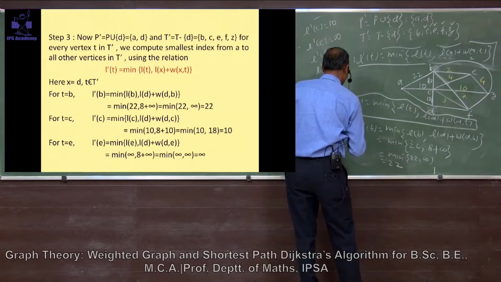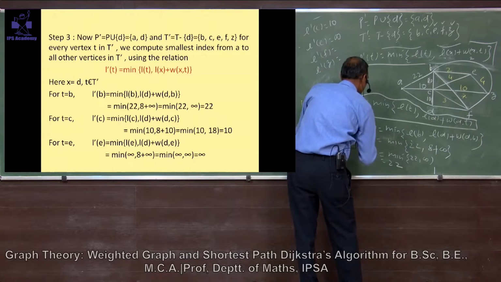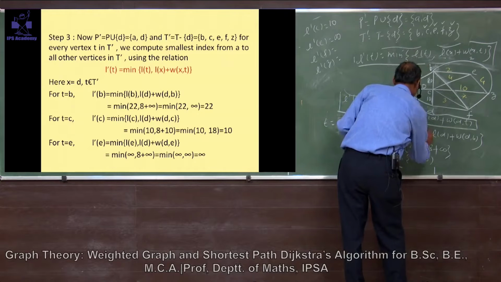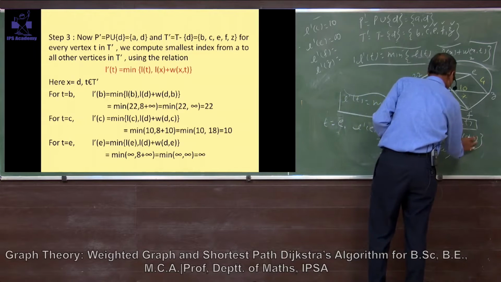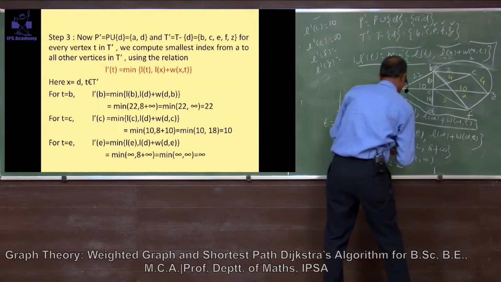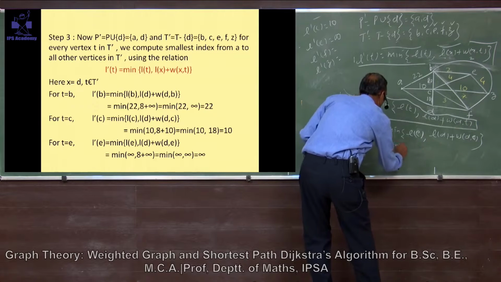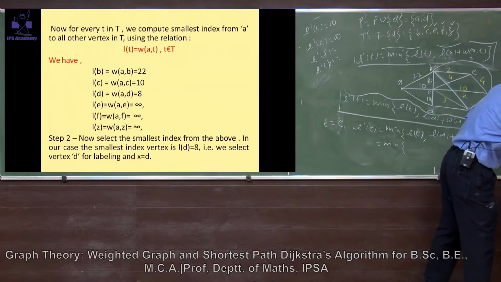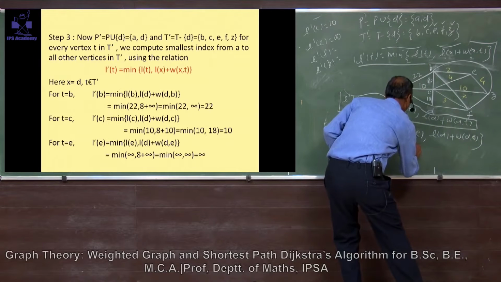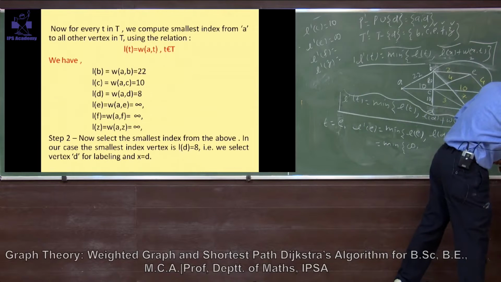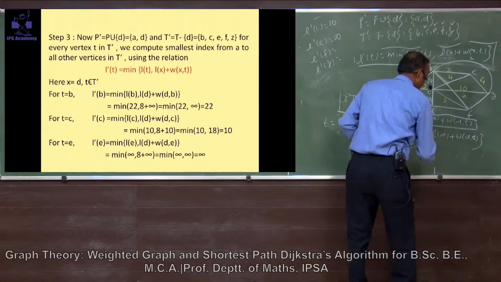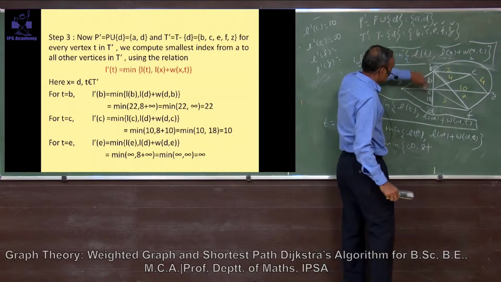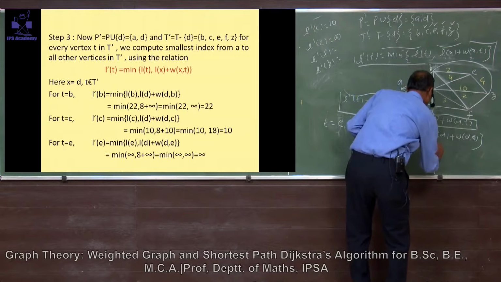Taking t equals e, L'(e) equals minimum of L(e), L(d) + W(d, e). L(e) from the previous slide is infinity, and L(d) is 8. W(d, e): d and e are not directly connected, not adjacent to each other, so we put infinity here.